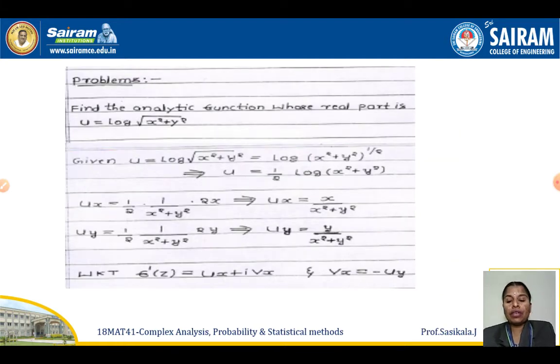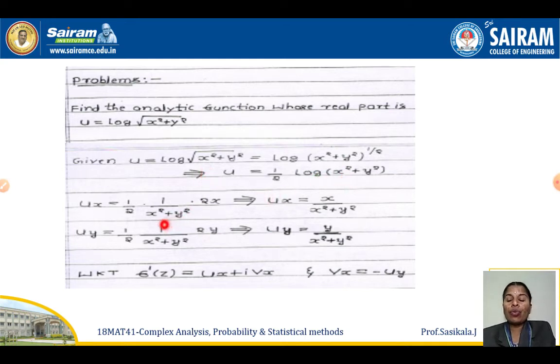We'll go with the first problem. Find the analytic function whose real part is u equal to log of root of x square plus y square. Given only u, the first step is to find ux and uy. The log of a square root, to make it easy, I'm going to write as 1 by 2 log of x square plus y square, using the log of a power n formula, n log a, because when you do the differentiation it will be easy and you can avoid the square root.